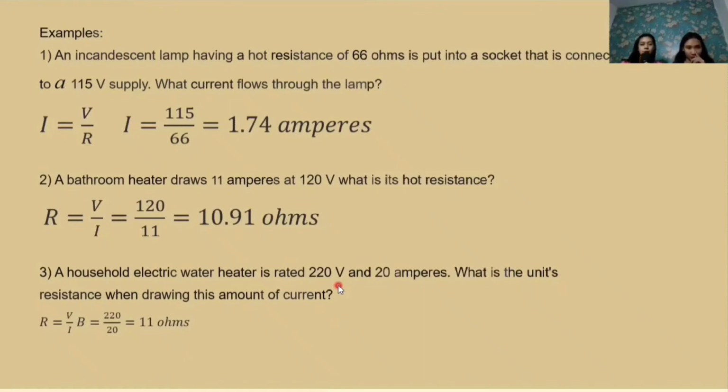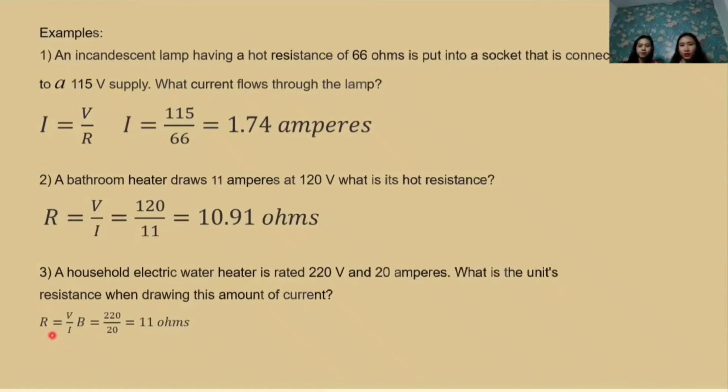So example number 3, a household electric water heater is rated 220 V and 20 amperes. What is the unit's resistance when drawing this amount of current? The formula is R equals V, voltage, over current.